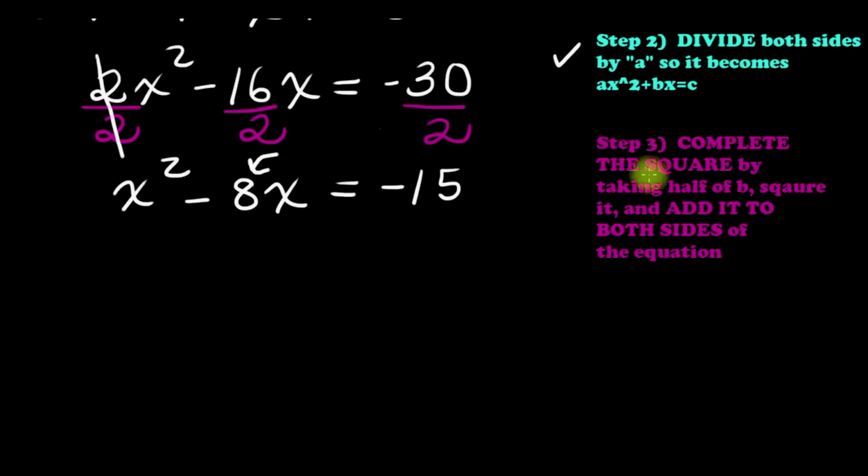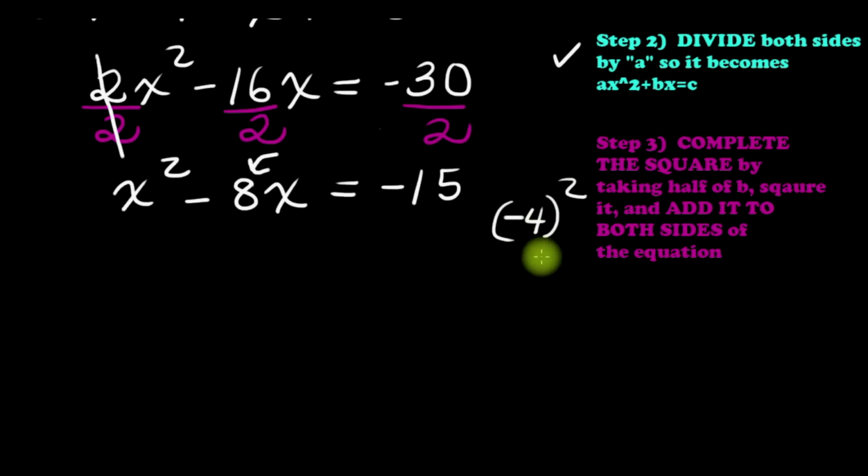Step 3 is to complete the square by taking half of b, then squaring it, and then adding it to both sides of the equation. So half of negative 8 is going to be negative 4. Okay, and then we're going to square that.